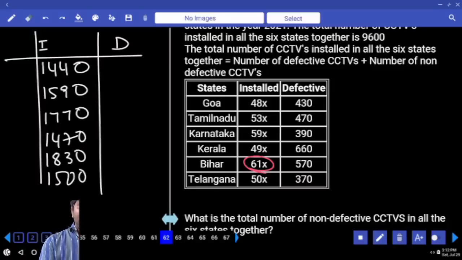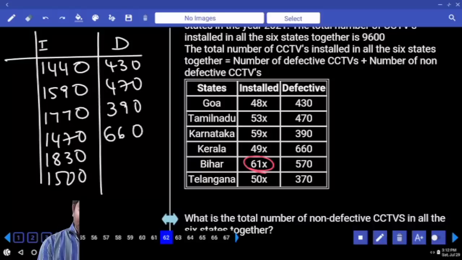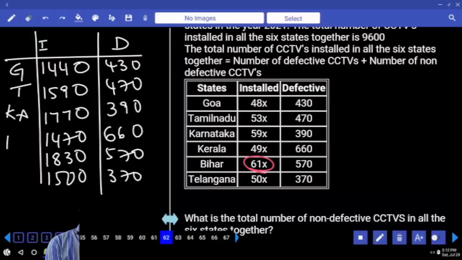And then defective also mentioned. How much is that? 430, 470, 390, 660, 570, 370. This is Goa, Tamil Nadu, Karnataka, Kerala, Bihar, and then Telangana.